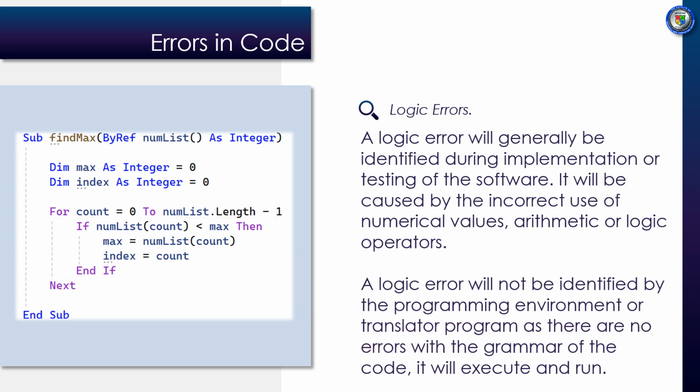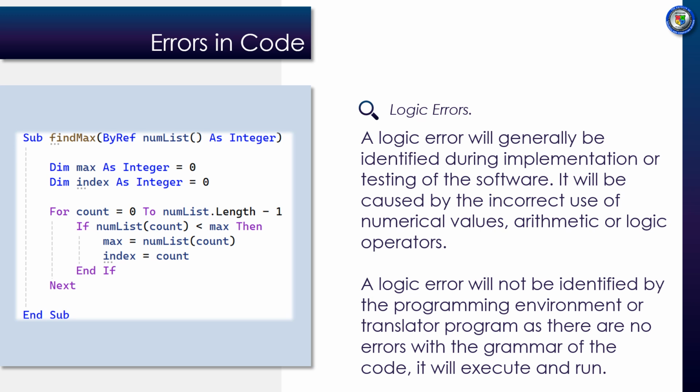The second type of error we will look at is a logic error. This type of error will generally be identified during implementation, but normally during testing of the software. It will be caused by the incorrect use of numerical values, arithmetic or logic operators. A logic error won't be identified by the programming environment or translator, as there are no errors within the rules or grammar of the code.